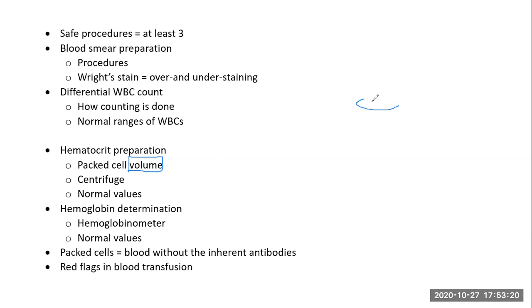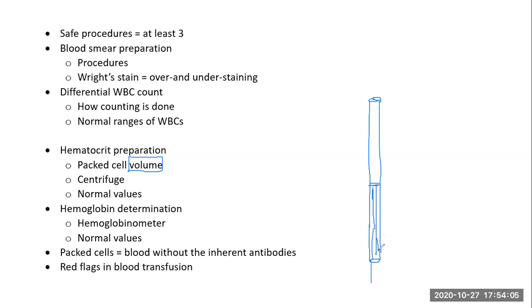Let's say this is the micropipette used to prepare the hematocrit, and the hematocrit was, let's say, this much, usually less than halfway, so let's say up to here where the red blood cells are.